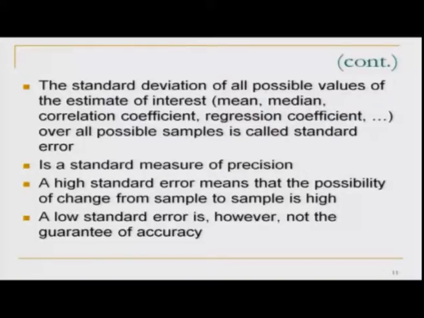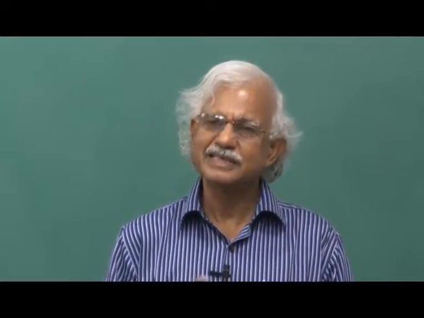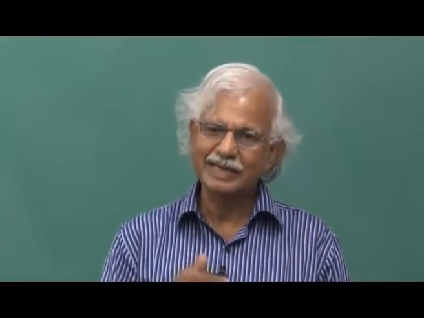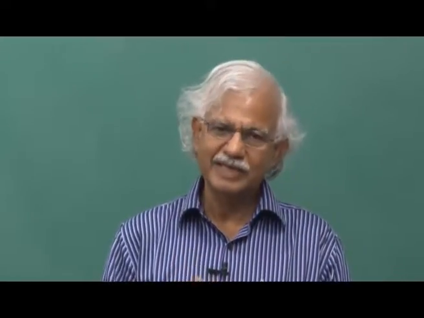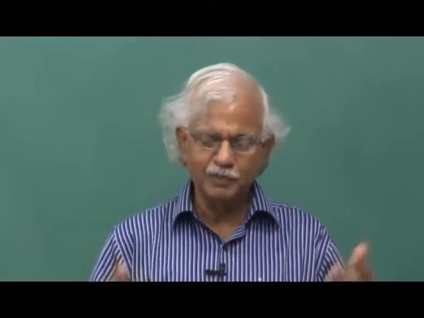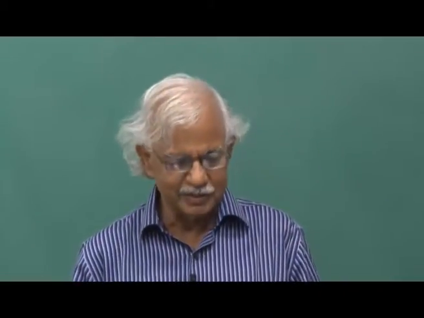Even in other analysis like regression analysis, the regression coefficient will vary from sample to sample, and the standard deviation of variations in the regression coefficient from all possible samples will be called the standard error of regression coefficient.